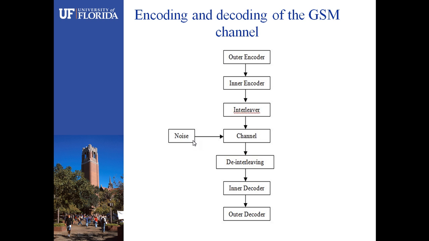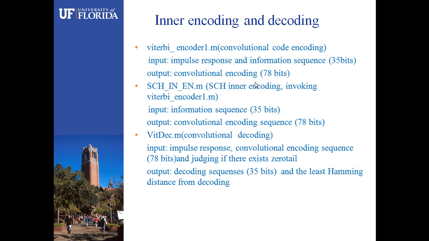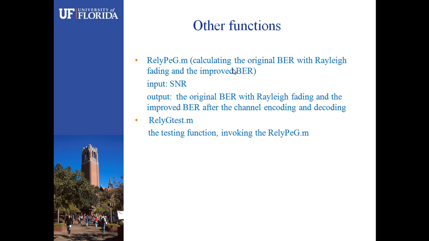Here, noise is added to the channel. These are the parameters of outer encoding and decoding, and these are the parameters of inner encoding and decoding. These are the other parts.